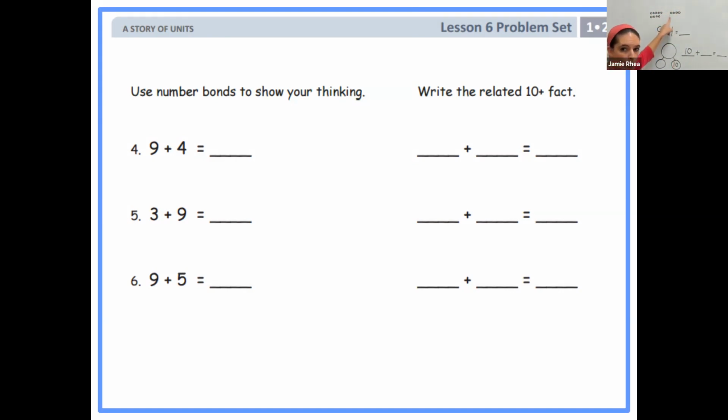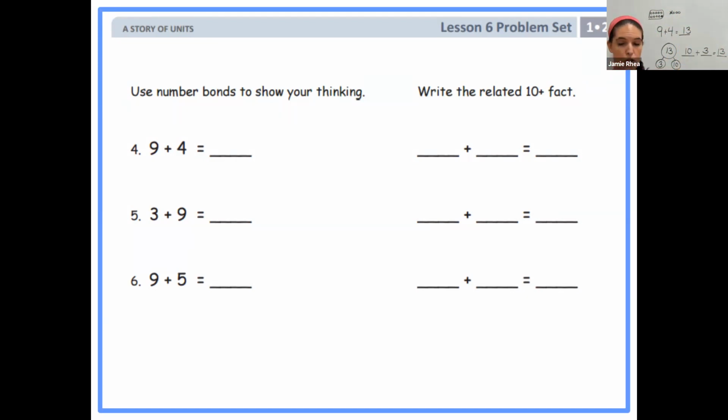I'm going to take 1 from my 4, put it over here with 9 to make 10. Okay, now I have 10. How many did I have left? 1, 2, 3. And I can say 3. Now I can say 10 plus 3 more makes 13. So that means 9 plus 4 equals 13.